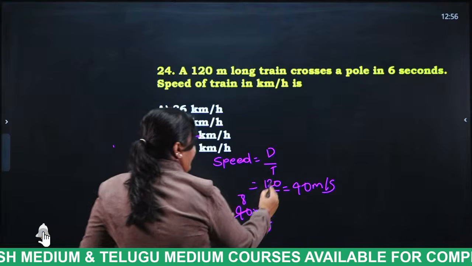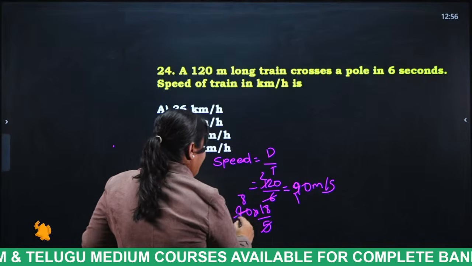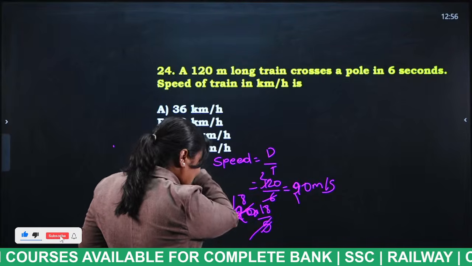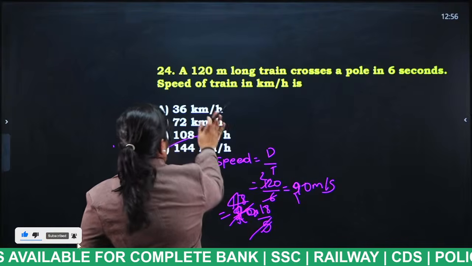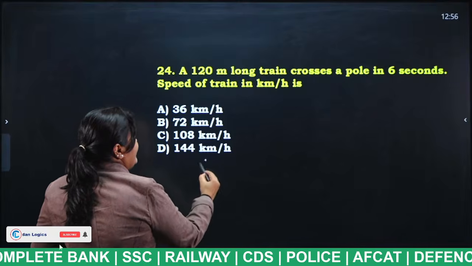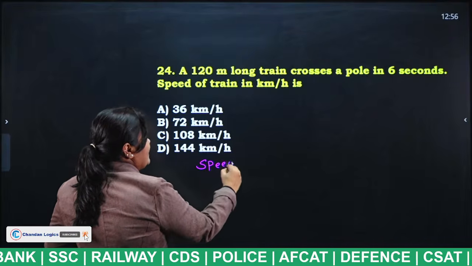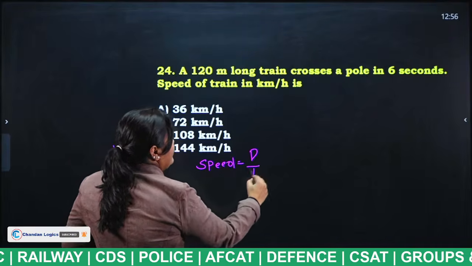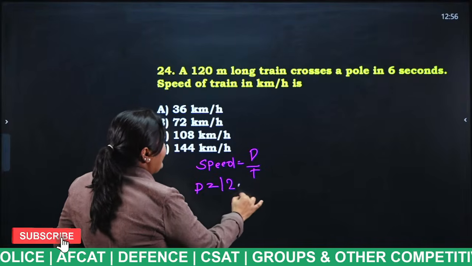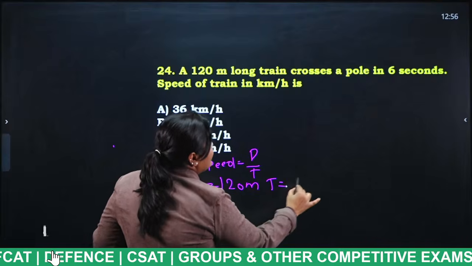Okay, 20, this is 20 into 18 by 5, you will get 72. Sorry students. So once again I will explain to you. Speed is nothing but distance by time. They have given you the distance value. Distance is 120 meters and time is 6 seconds.